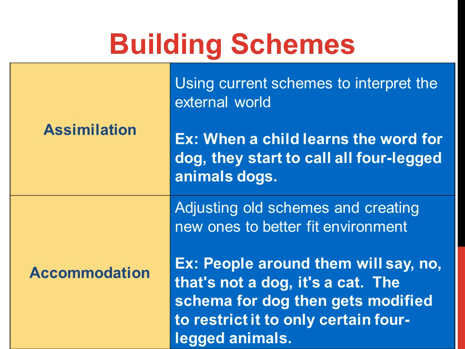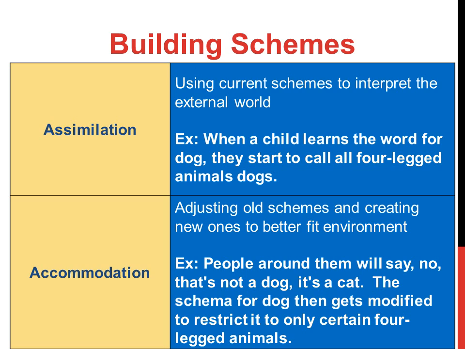So with assimilation, you're basically taking what you already know and using it to understand what is going on around you. So you're taking the category, the schema that you already have, and incorporating or assimilating new information into that category.